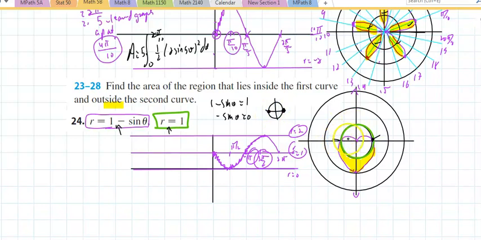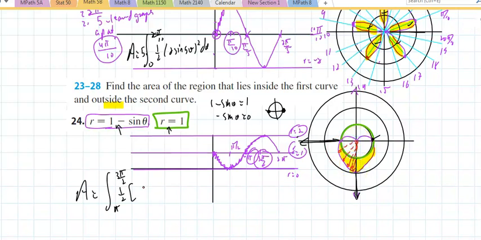So good. If I am to start, I could say area equals the integral from pi to 3 pi over 2 of 1/2, and if I draw my arrow, do you notice the tip of the arrow is always the same?